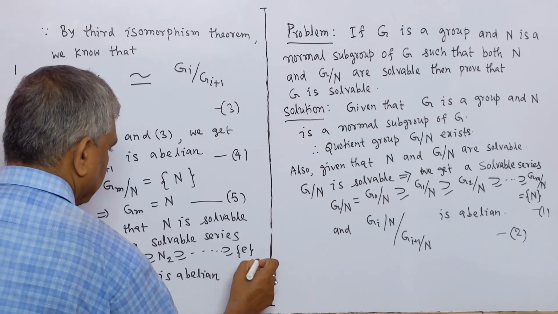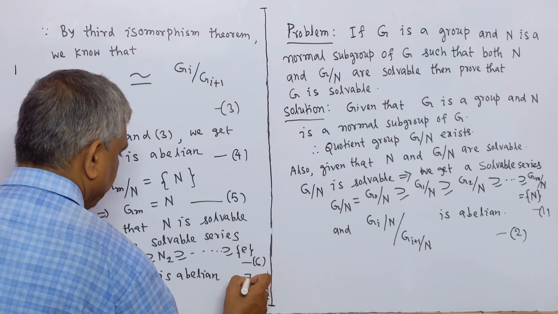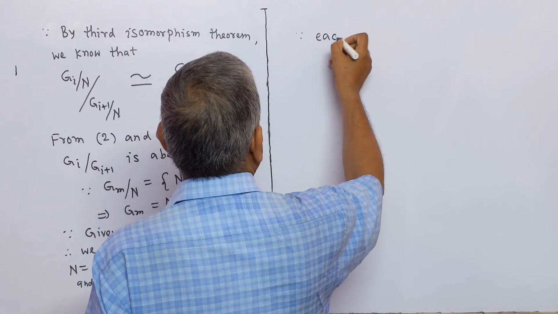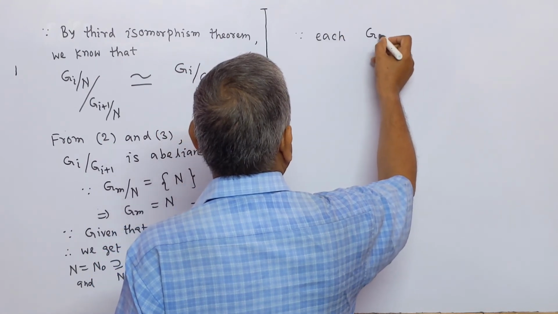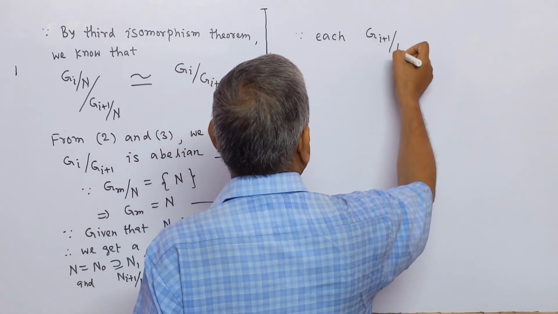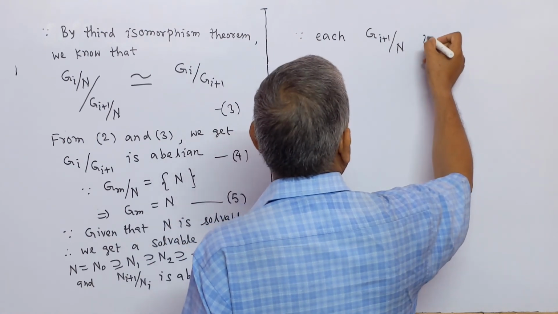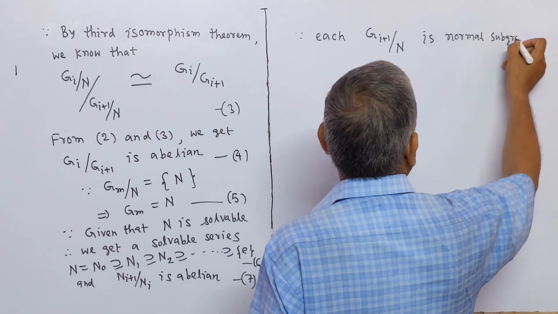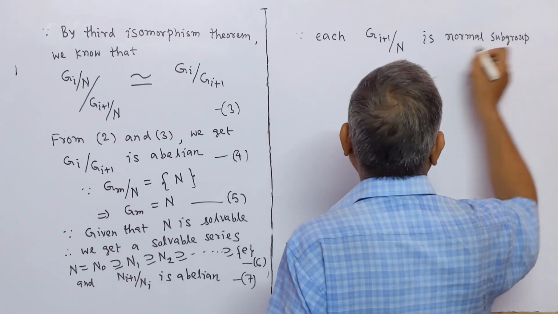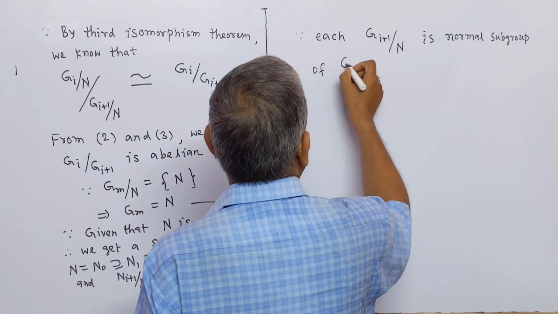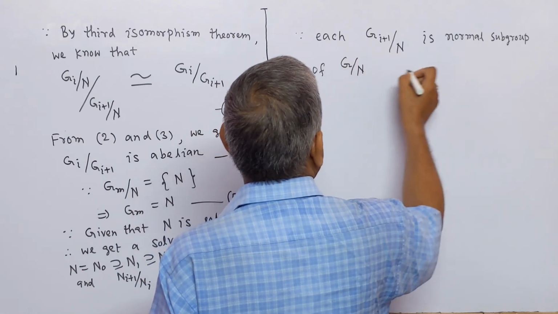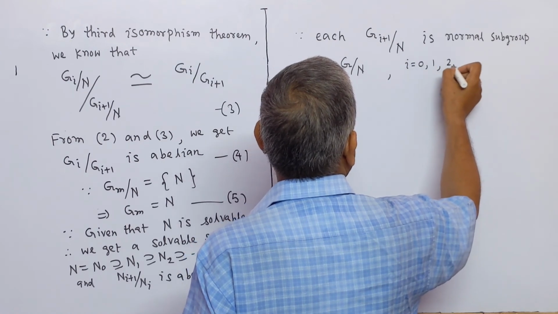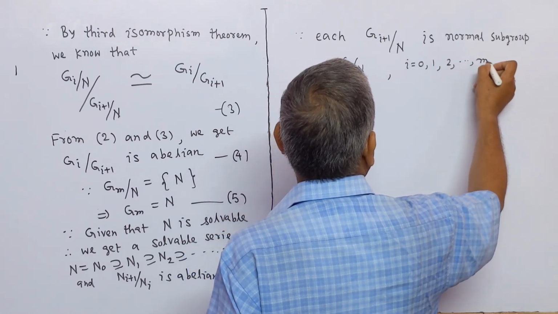This is number 6, this is number 7. Since each Gi plus 1 by N is a normal subgroup of G by N, here i equal to 0, 1, 2, up to m minus 1.